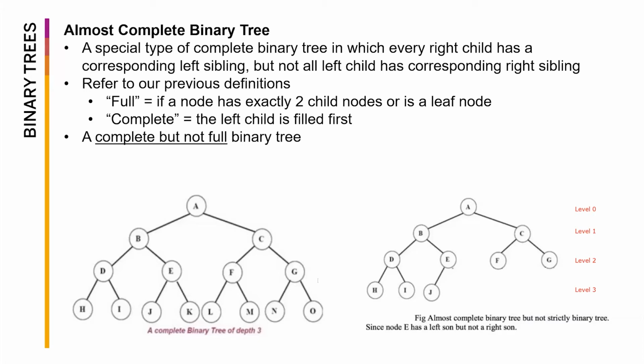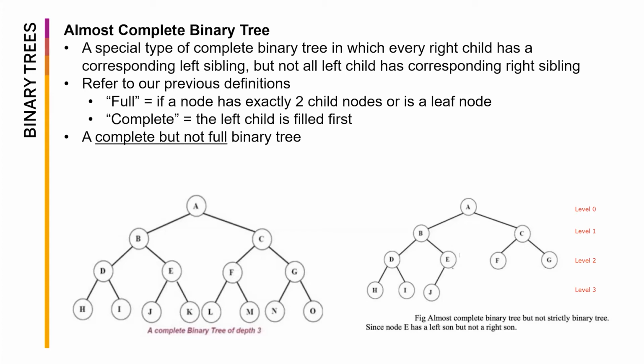So D is being filled first with H, then I. But for E, only the left node is available, but not the right. So every right child has a corresponding left sibling. Node I has a corresponding left sibling, which is H, but not every left child has a corresponding right sibling. So J, which is a left child, doesn't have a right sibling here.